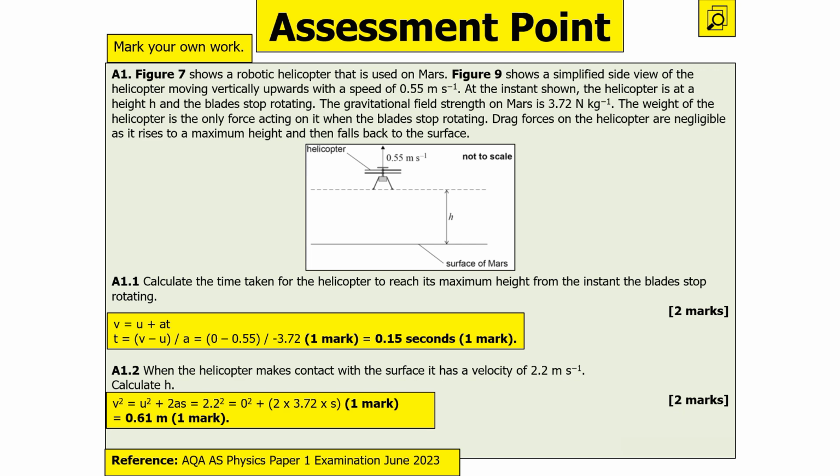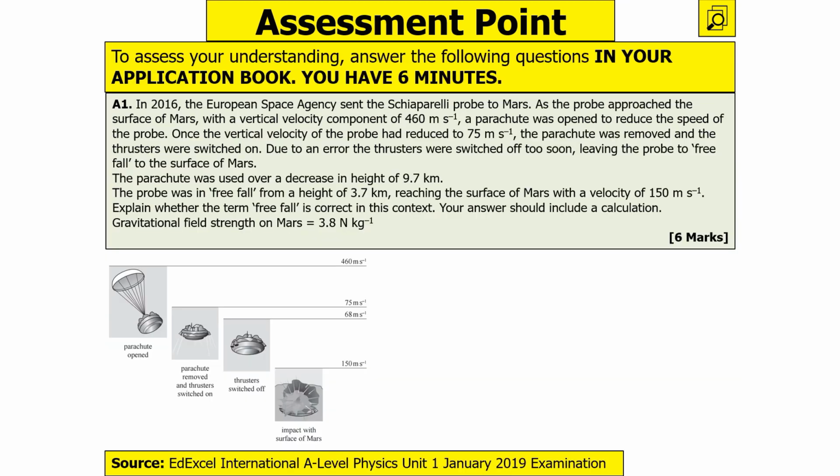The next question says, in 2016, the European Space Agency sent a probe to Mars. As the probe approached the surface of Mars with a vertical component of velocity of 460 metres per second, a parachute was opened to reduce the speed of the probe. Once the vertical velocity of the probe had reduced to 75 metres per second, the parachute was removed and the thrusters were switched on. Due to an error, the thrusters were switched off too soon, leaving the probe to freefall to the surface of Mars.